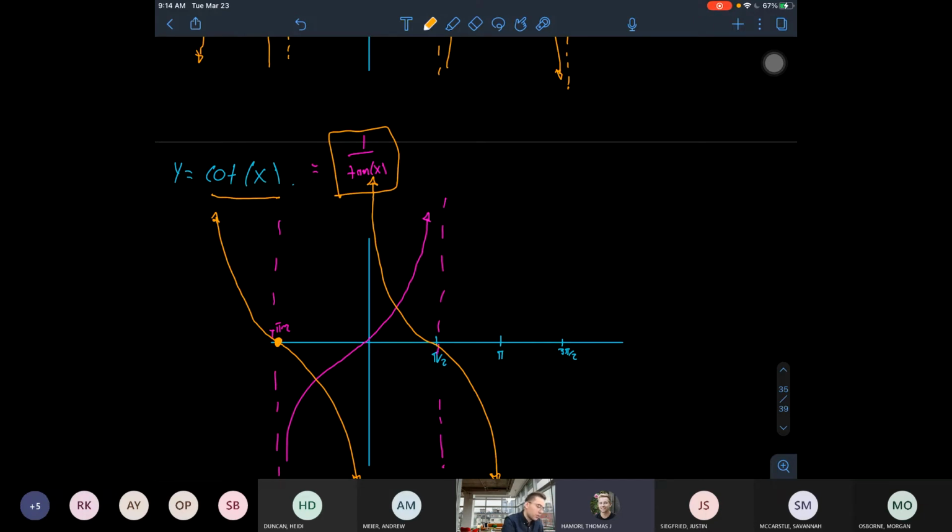In those regions, the way we define cotangent of x is by looking at the unit circle and saying, if this is the point x comma y, then cotangent of x is defined to be the ratio x over y. And this will be defined at these points where tangent of x is undefined. Even if x is 0, the ratio x over y will still be defined, whereas the ratio y over x, which is tangent of x, will not be defined.